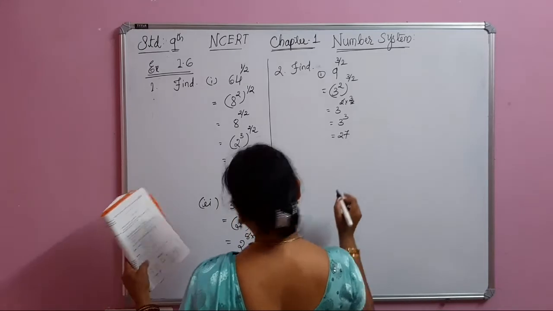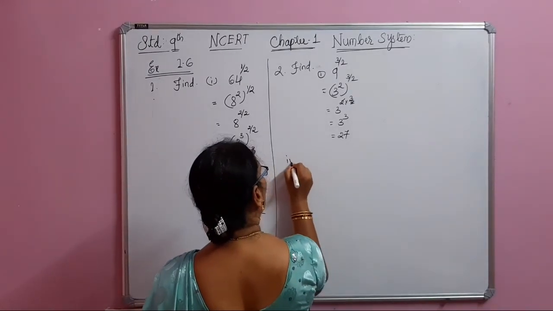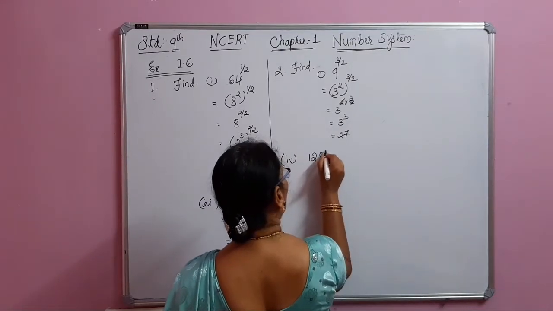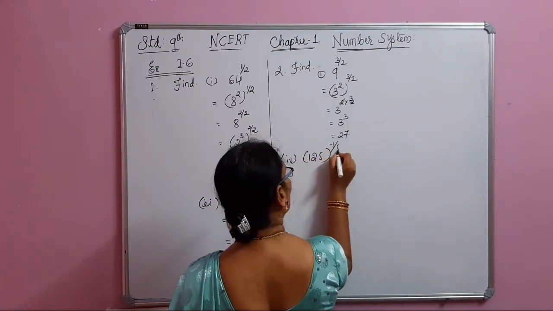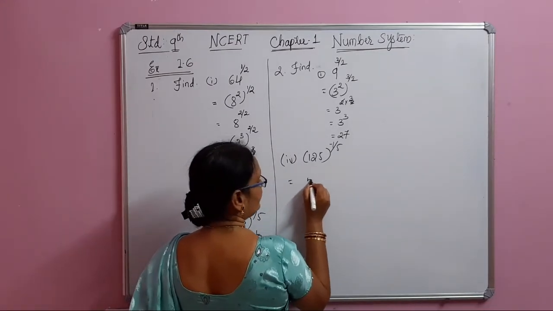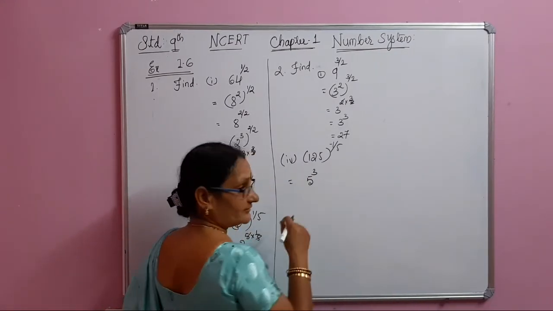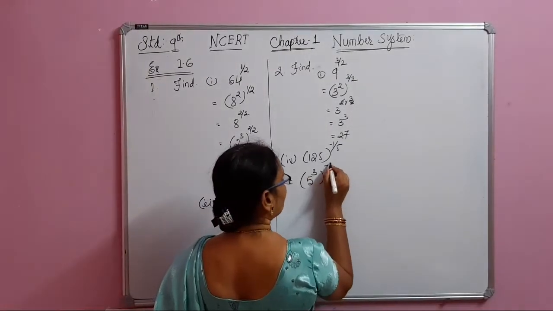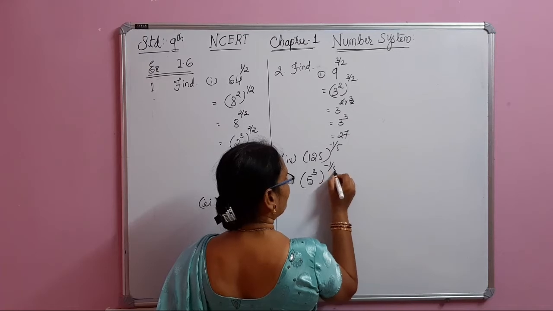In the same way, last one I will do in this. Fourth one, 125 whole to the power minus 1 by 5. 125 can be written as 5 to the power 3, since 5 fives are 25, 25 fives are 125. Whole to the power minus 1 by 5.